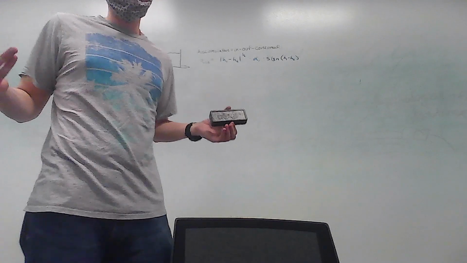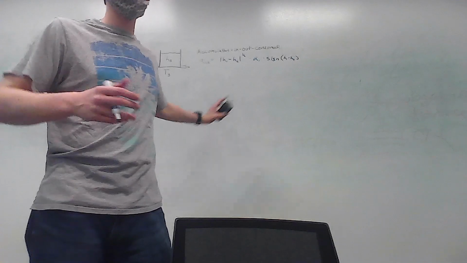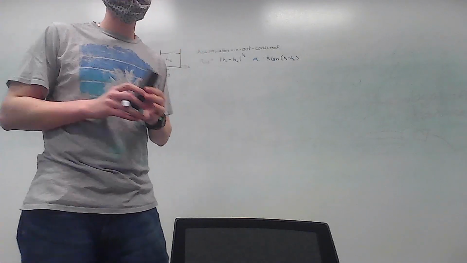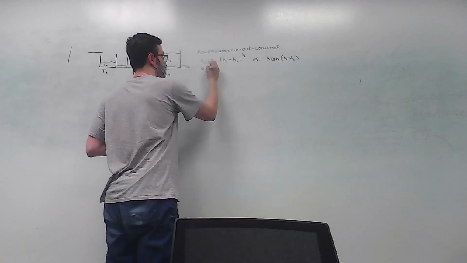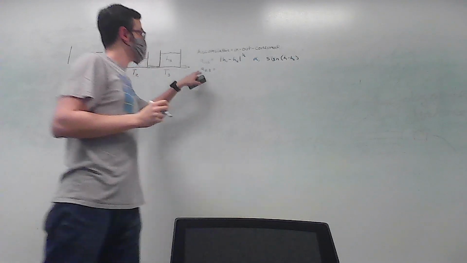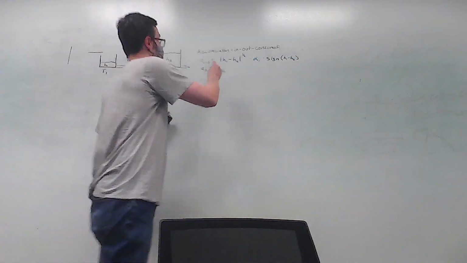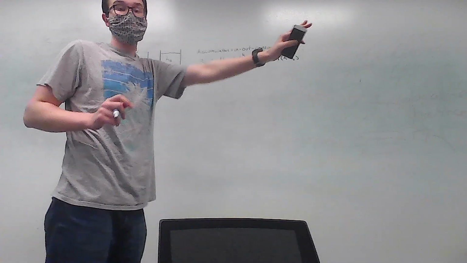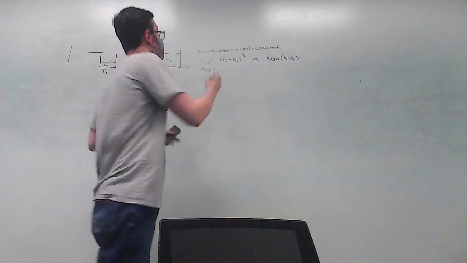So we're going to do the same thing for tank 2, for the flow rate of tank 2 and the flow rate of tank 3, which is also the flow rate out. So the flow rate from 2 to 3 is basically the same thing. Now I'm going to rewrite this because I like the way it looks better.